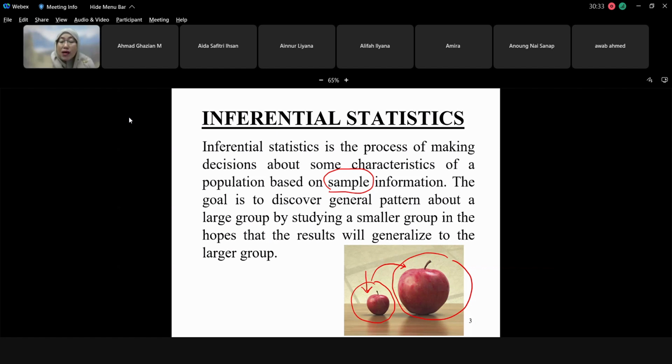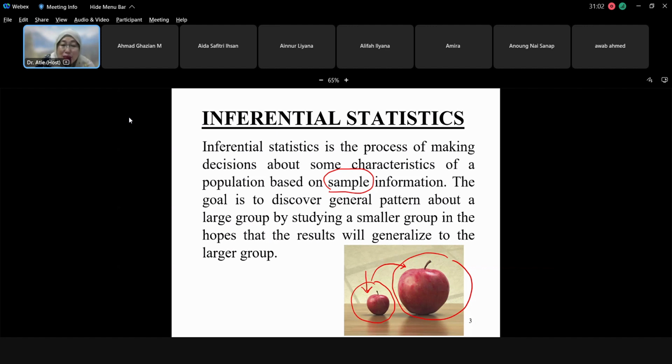We cannot say that from our sample we found that the apple is red, but conclude that the large apple is green. It means that our inferential statistics is not good enough to be a part of the results of our study. So that's what we call inferential statistics.